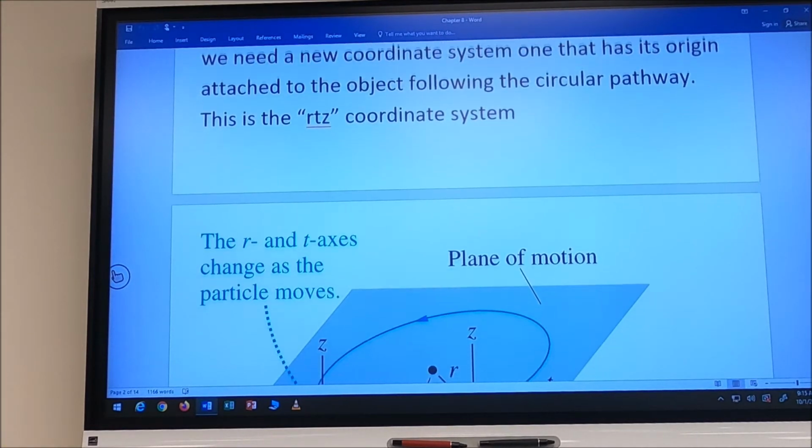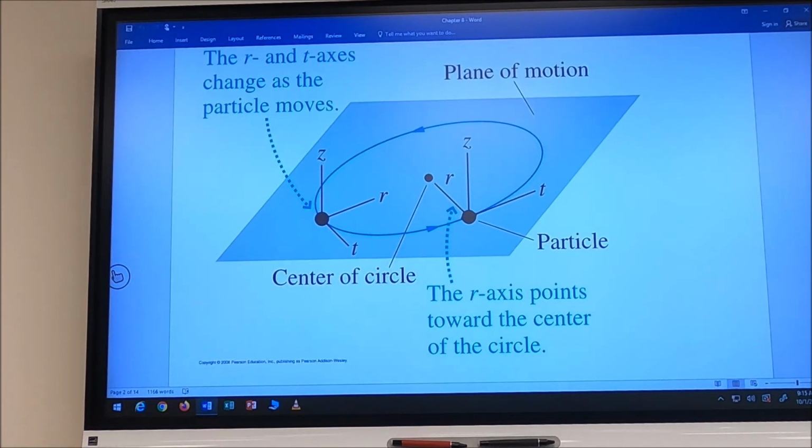Okay? Now, the r-axis is along a radial line that points in toward the center of the circle. The t-axis is always tangent to the circular pathway, and the z-axis is perpendicular to the plane of r and t.